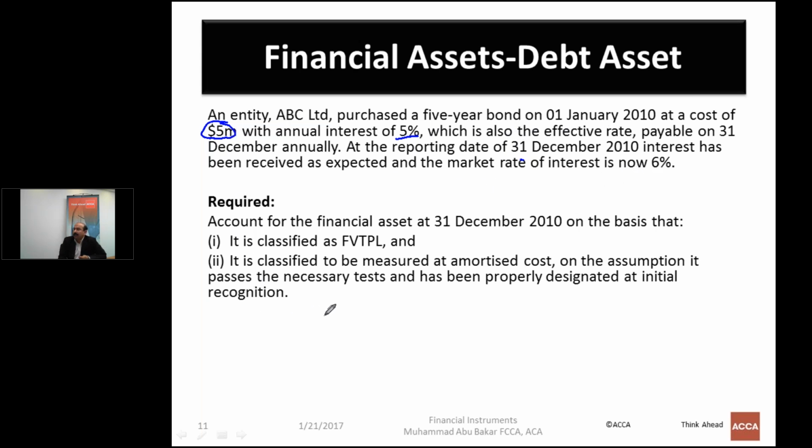This is the amount at which this asset will be initially recognized: debit financial asset, which is debt asset, 5 million, and credit cash or bank, 5 million.